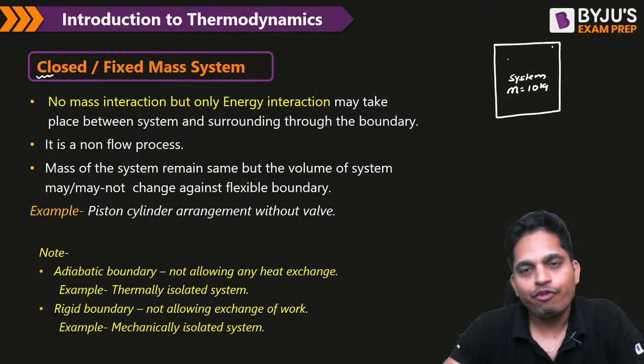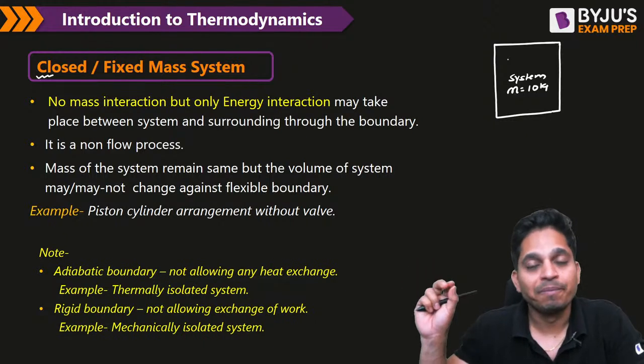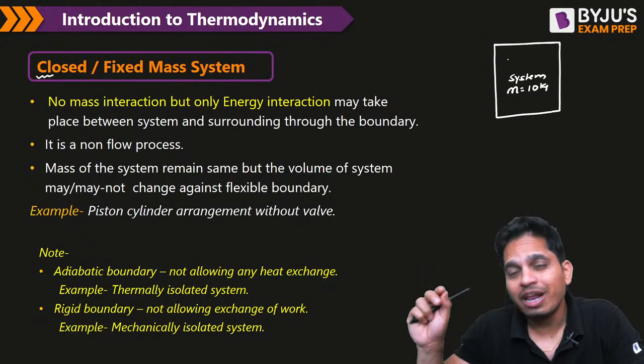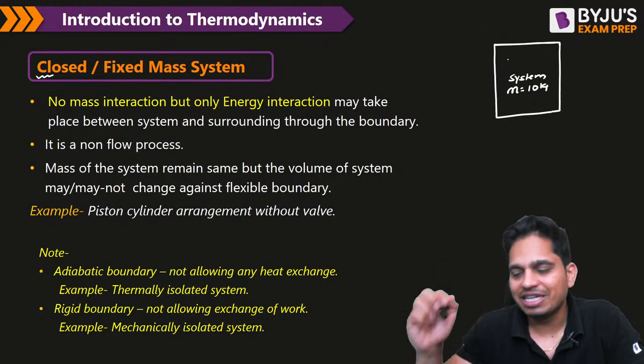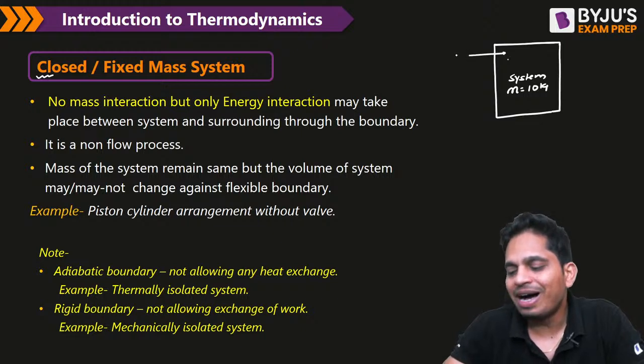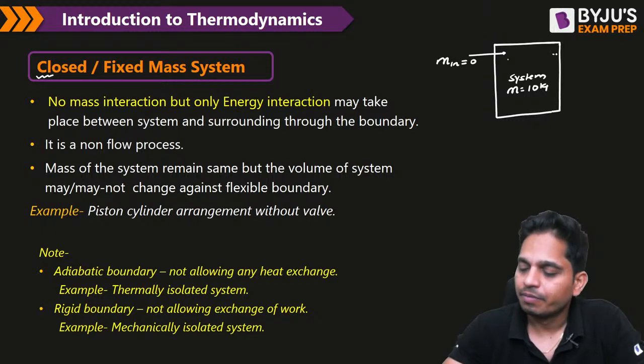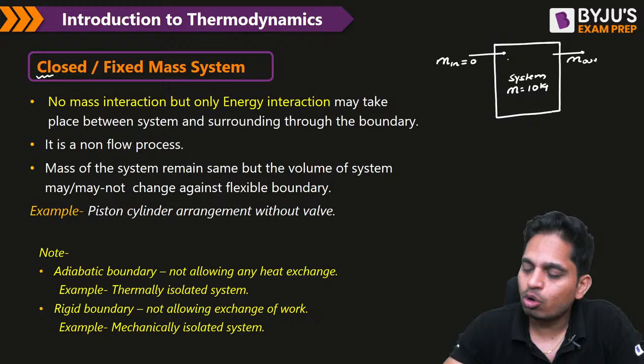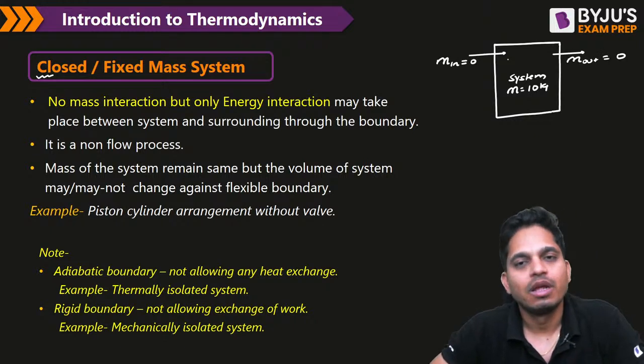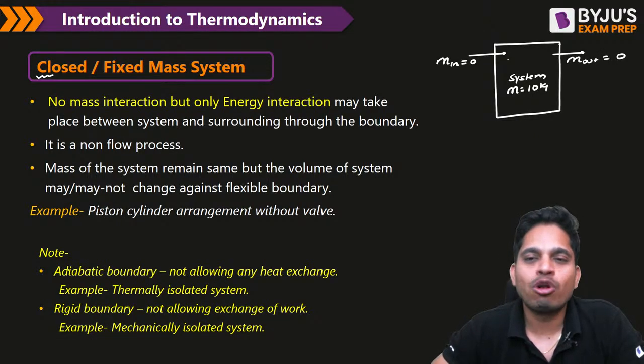First I have filled 10 kg, then I have closed it. From now on, I will not allow any mass transfer. That means no mass can enter, so mass in will be 0. No mass can go out, so mass out is also equal to 0.